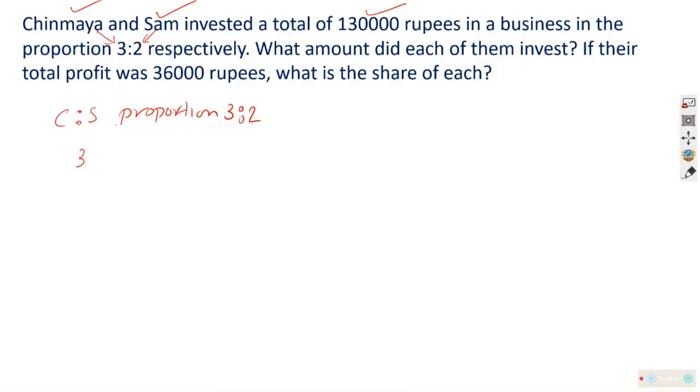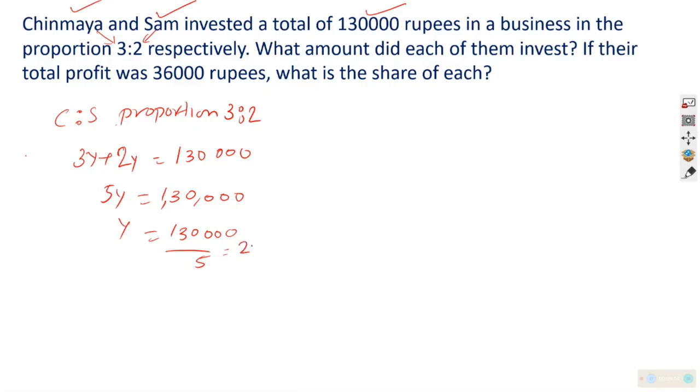Okay, investment is 3y plus 2y. Total investment is 1,30,000. Understood? That means 5y is equal to 1,30,000. y is equal to 1,30,000 upon 5, which is equal to 26,000.